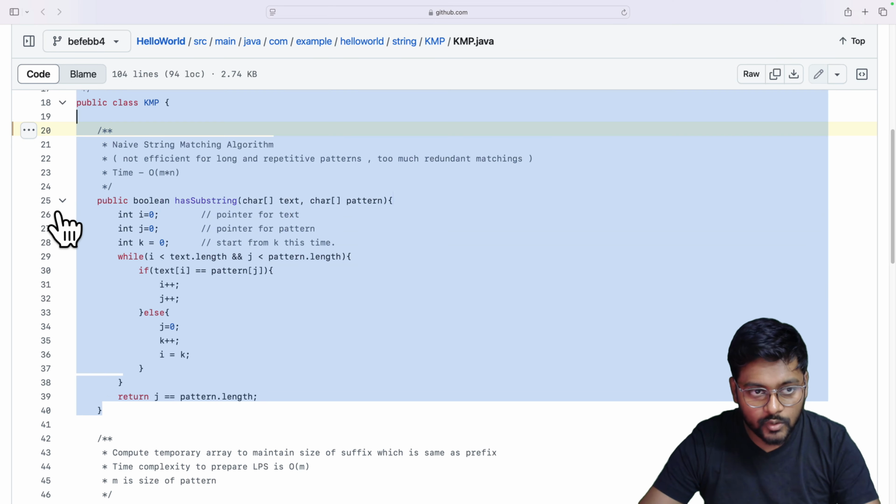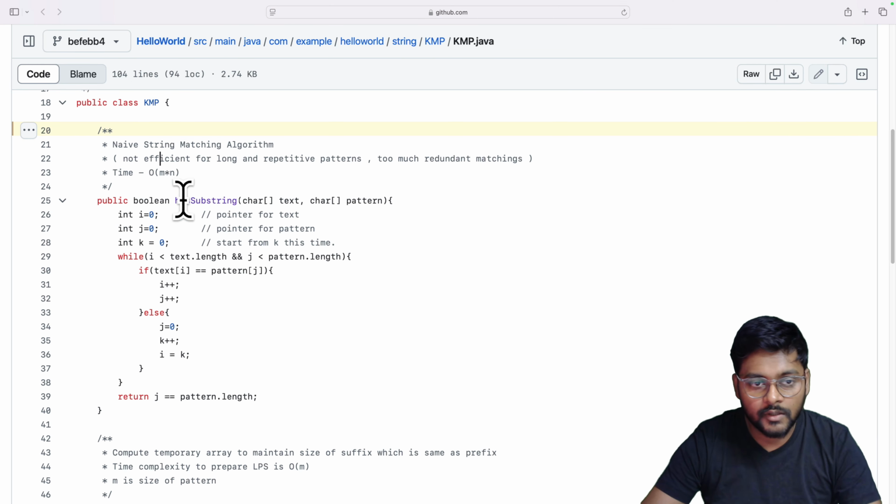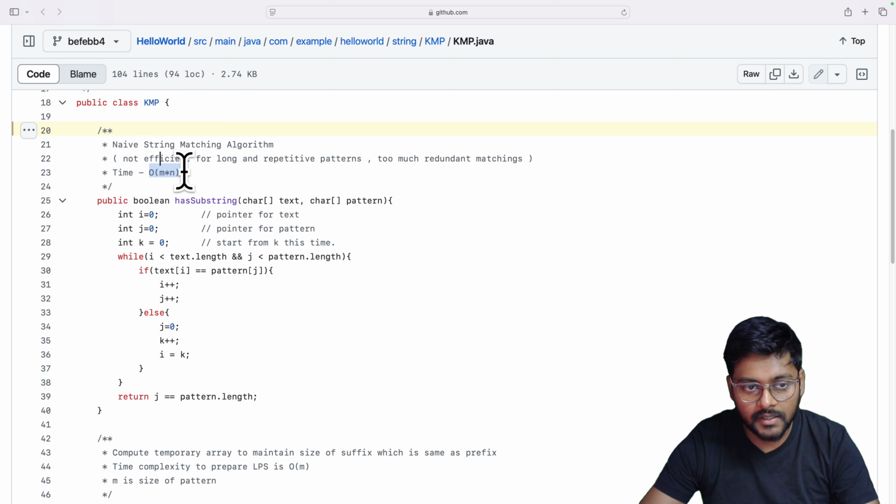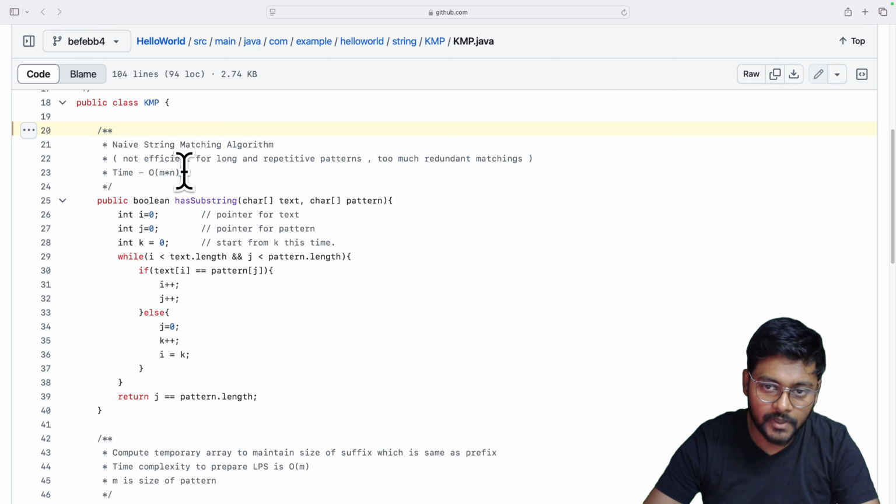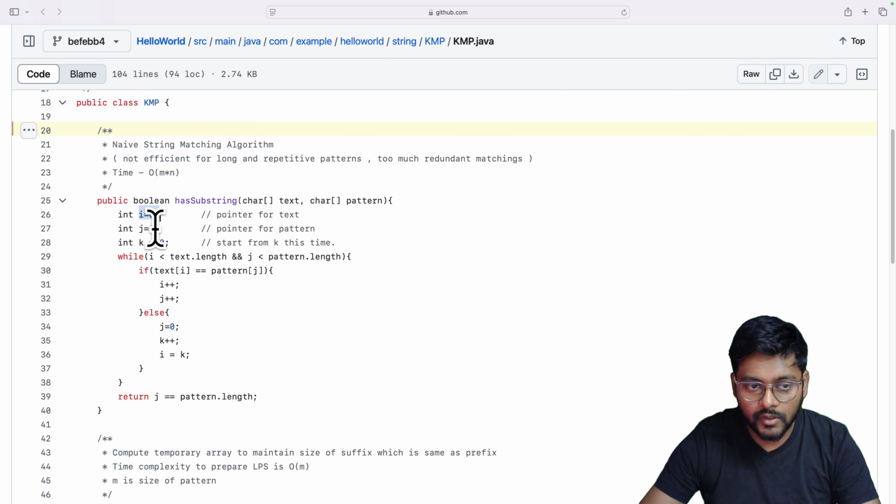First of all, let's have a look at the Naïve pattern matching algorithm, where we are going to find the pattern in the order of n into m time. We will be doing it using two pointers, one pointer for text and one pointer for pattern. And what is this value of k?